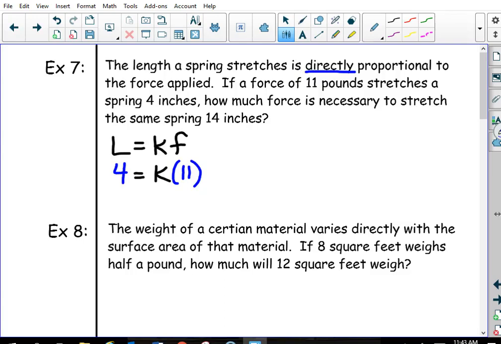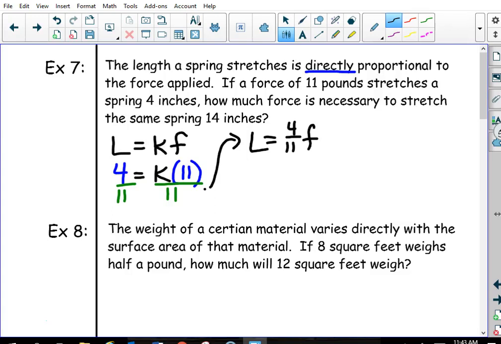So let's solve for K, which allows us to write the direct variation equation: L equals 4/11 F. Now we can plug in how much force is necessary to stretch the same spring 14 inches.